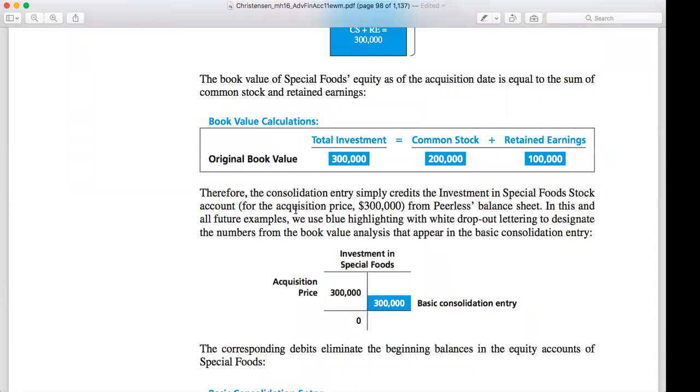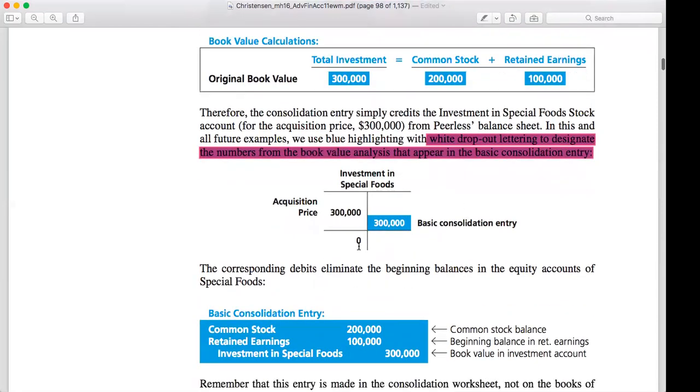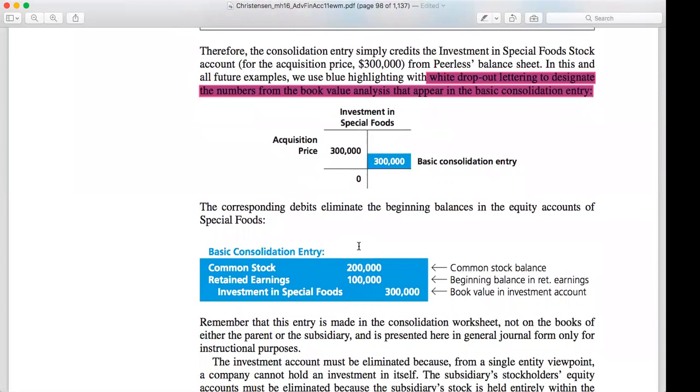So the consolidation entry simply credits the investment in Special Foods. Right, so it would be moved to the credit. Acquisition price of 300. So in response to that, we have to eliminate the beginning balances here, the common stock and retained earnings, so the investment in Special Foods will be moved to the credit side of 300,000.